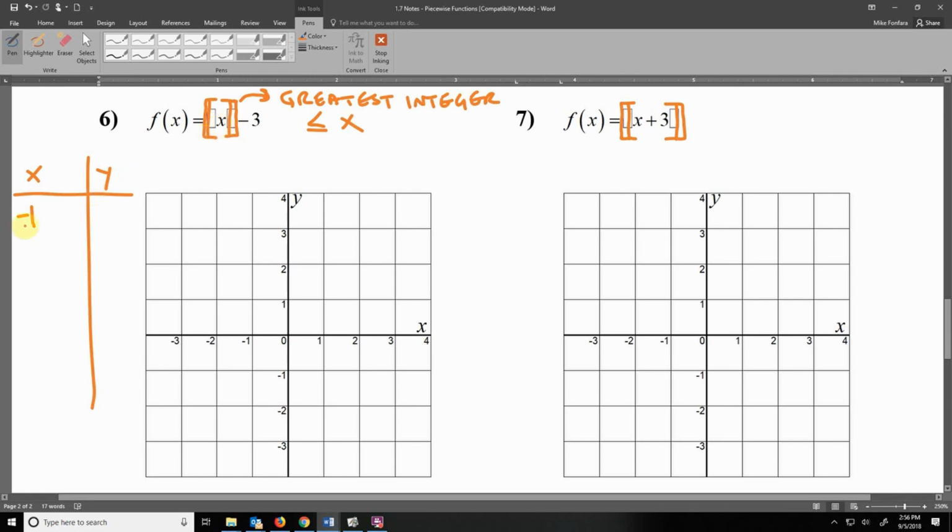Well, that would be -1. -1 minus 3 is -4. So when I put in -1, I got -4.